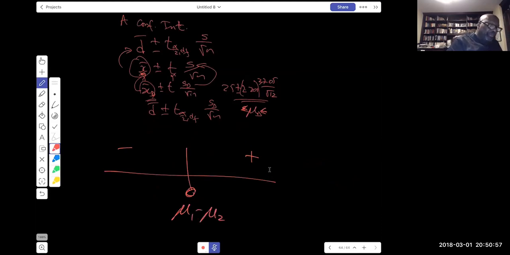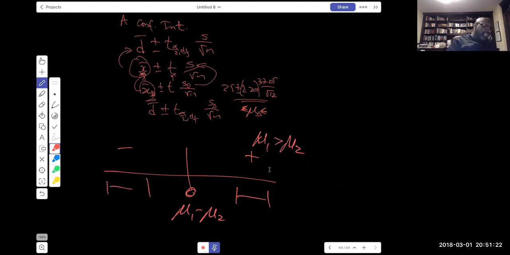So if mu1 minus mu2 is positive, if both of the limits of the interval fall on this side, then any value in that interval is positive. I'm on the positive side, which means that on this side here, mu1 will be greater than mu2 if the difference is positive. On the negative side, what if both limits fall on the negative side?